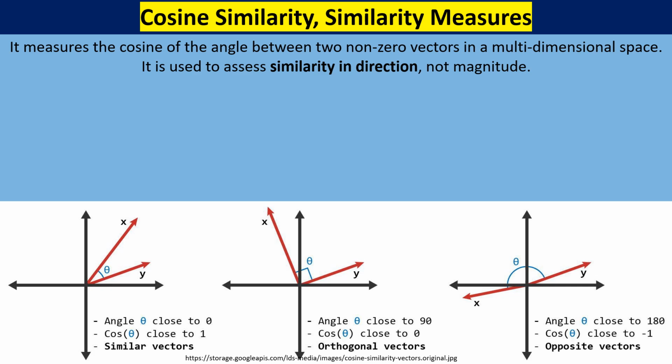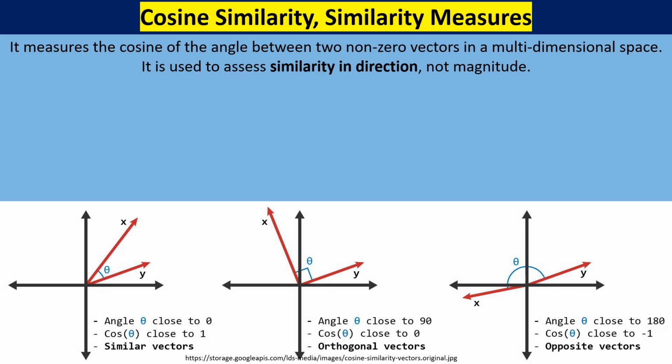First, cosine similarity evaluates similarity by direction, not magnitude. It is a metric used to measure how similar two vectors are based on the angle between them.